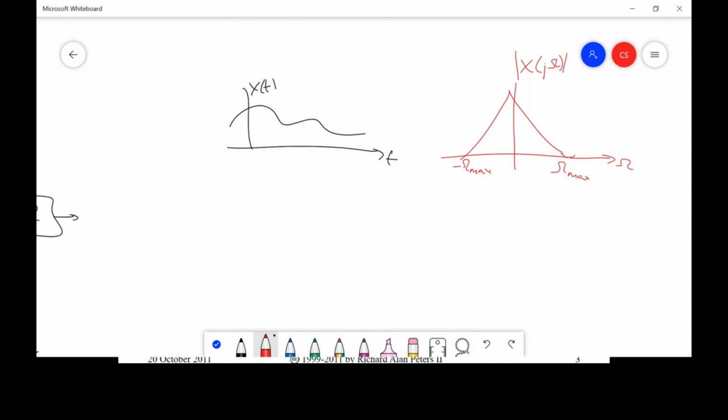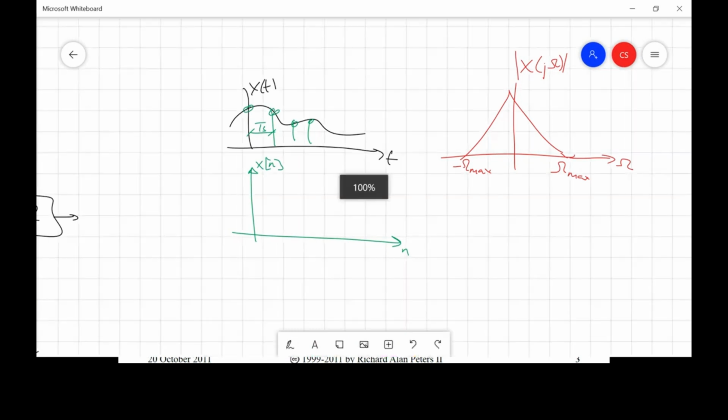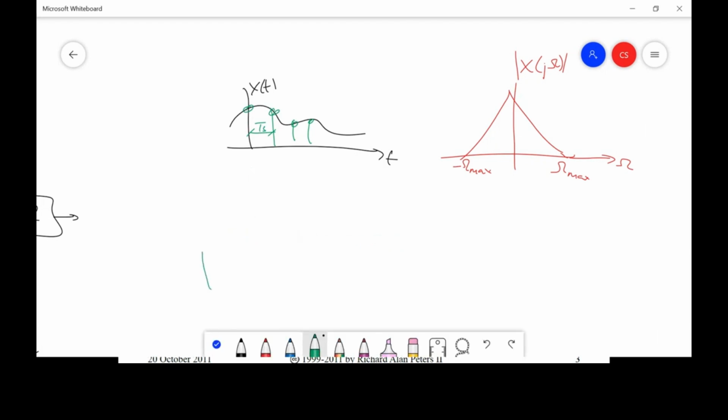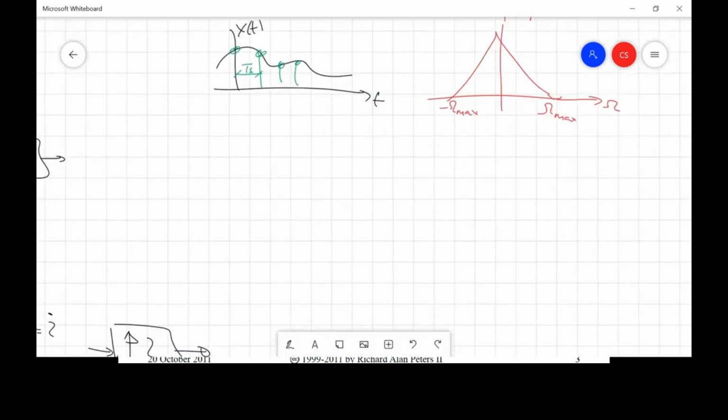And now we take samples. So you take samples every Ts, and you construct your new signal, that is x of n. Let me make some more space.